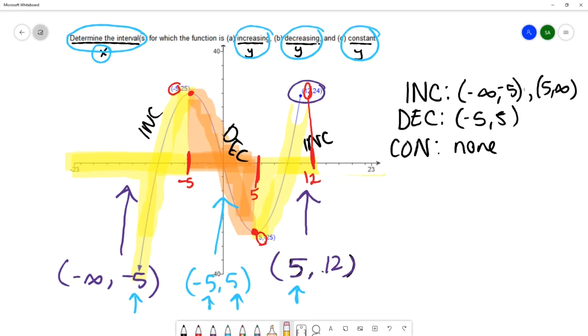So let's correct that. So this interval would be from 5 to 12. So this graph is increasing from -infinity to -5 and from 5 to 12 and decreasing from -5 to 5.